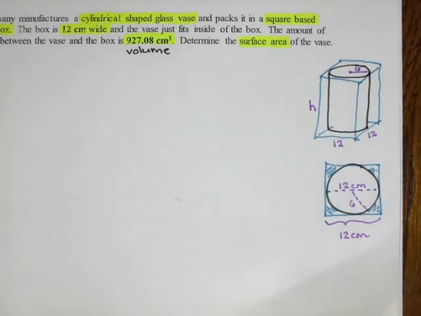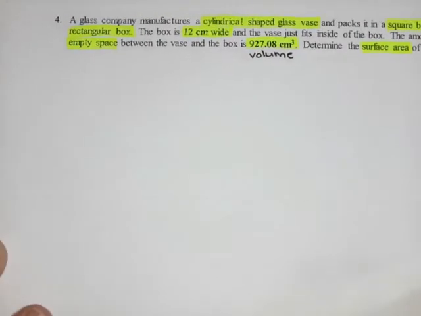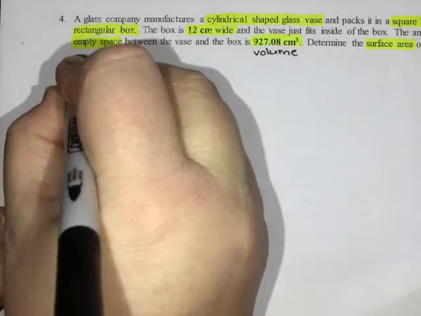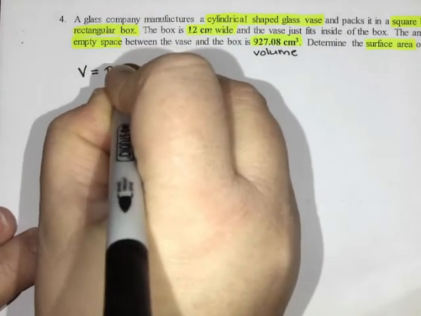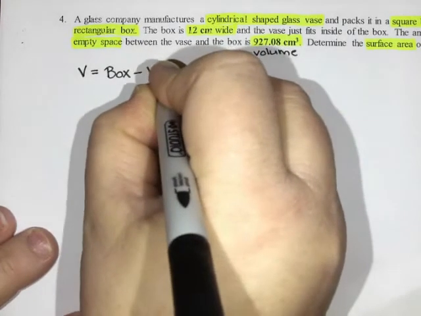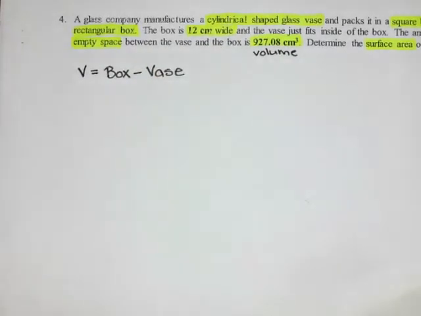927.08 centimeters cubed. So my volume, I am just going to write this down over here, is the box minus the vase. And I could do the calculation for the box, the calculation for the vase, and then go from there. I'm going to try to do it in one single formula. We are doing volume.